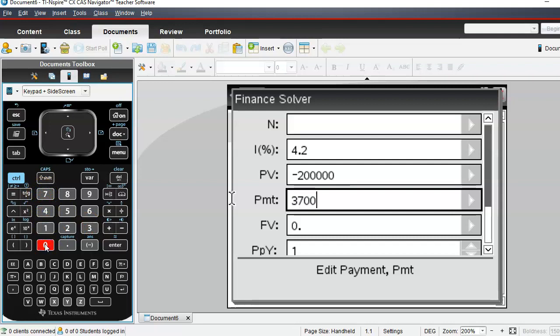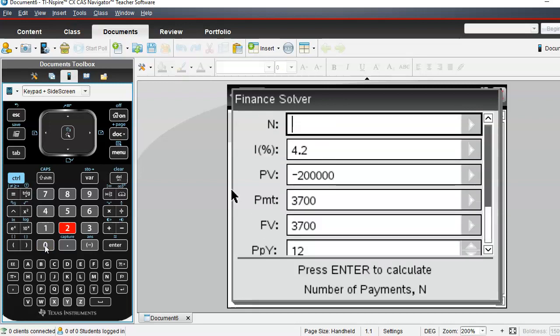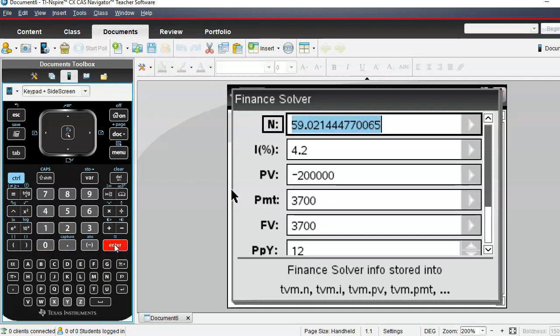He receives $3,700, so that's positive. We want to know at what point the future value is going to be less than 3,700, so I'll put it at 3,700, and there's 12 payments and compounding periods per year. So let's press enter. So that will happen after 59.02 months.